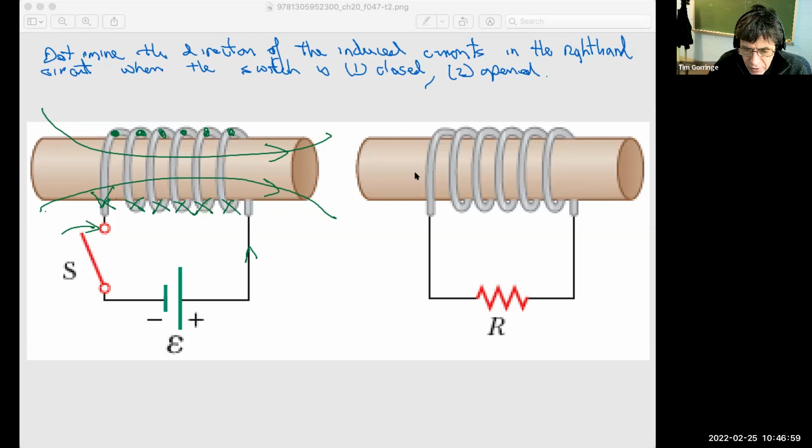The right-hand circuit's going to want to counteract that change, cancel out that change by inducing its own magnetic field. So the first thing I do to figure out the direction of the induced current in the circuit on the right is actually think about the direction of the induced magnetic field in the circuit on the right. It's going to be the opposite to the change that's just happened.